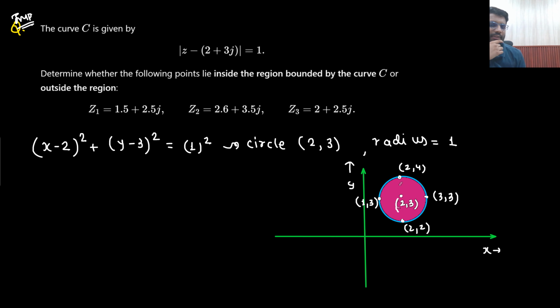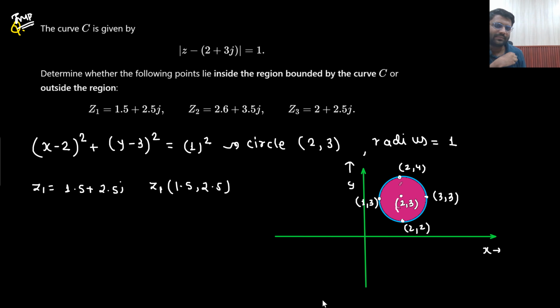Right? So I need to find whether this point Z1, which is 1.5 plus 2.5j, lies inside. That means value of x is 1.5 and value of y is 2.5. So this point Z1, is it lying inside or outside?